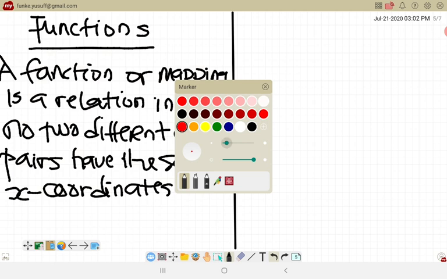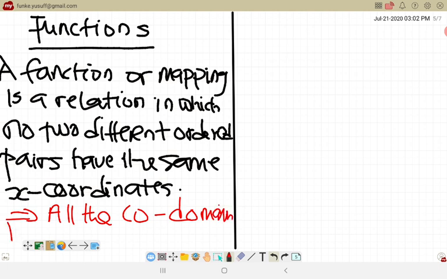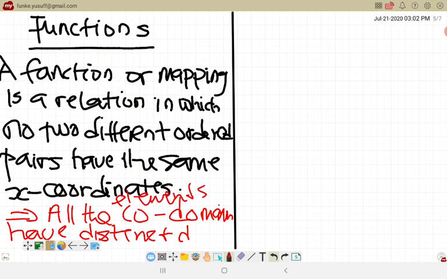So this can also mean that all the y coordinates, or the codomain, have distinct elements in the domain.